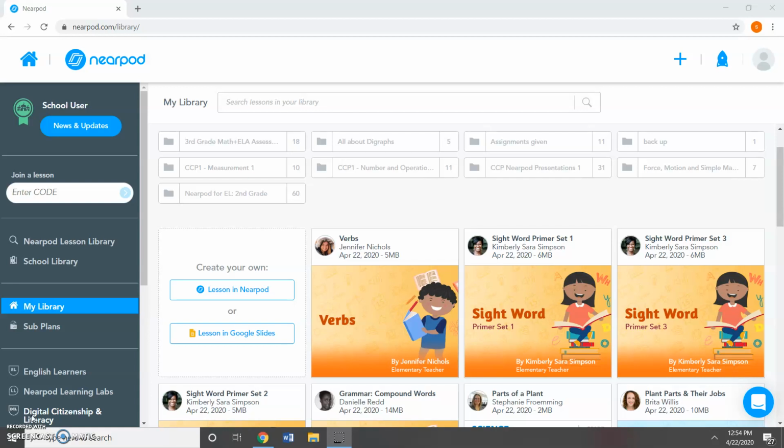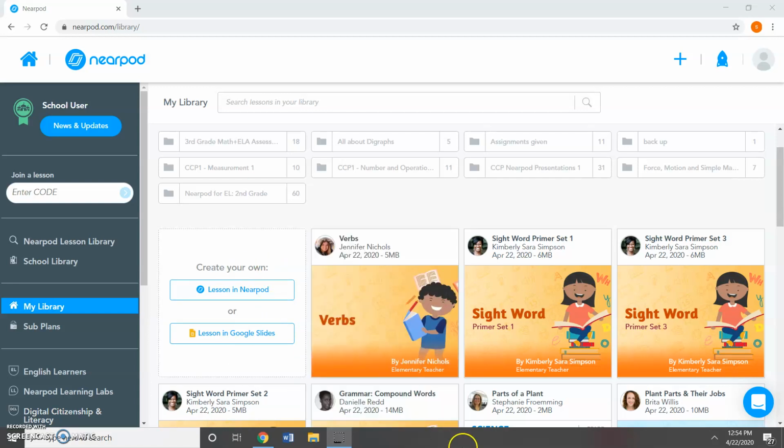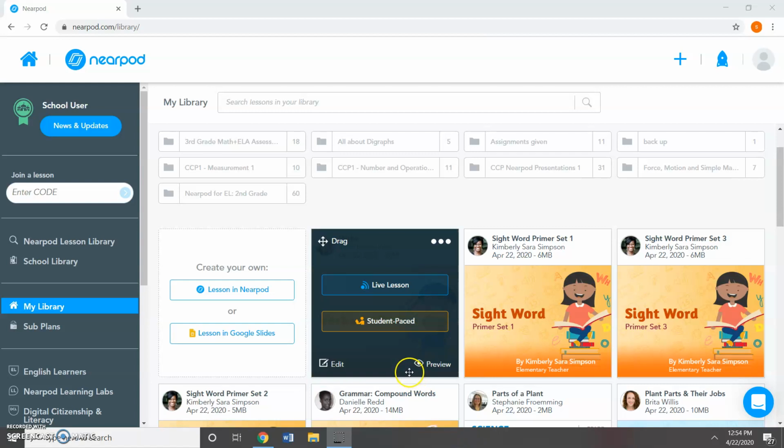Before I did this recording, I had a colleague of mine complete one of the lessons. If you look very carefully where I'm pointing, you will see verbs in that region. When I place my cursor over that region, you see live lesson and student-paced lesson. I chose student-paced lesson so that I could teach you how to go about doing it, but I will also be doing a live lesson with him later.